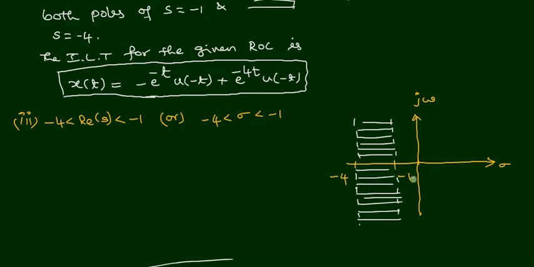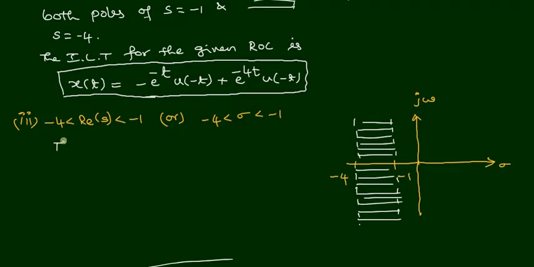so we need to change the polarity or sign of this pole in the respective function. And for the pole at -4, it is right side, so we can write the inverse Laplace transform for the pole -4 as it is, and for -1 we reverse it. So first we write the comment here.